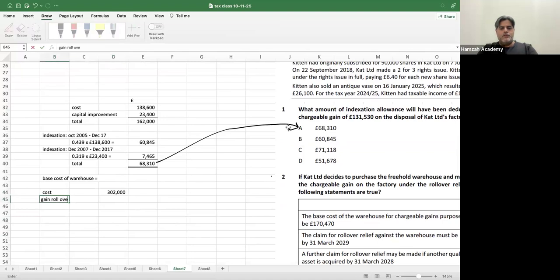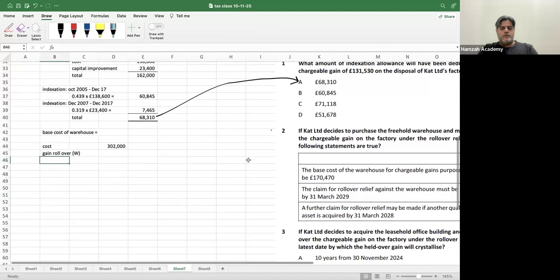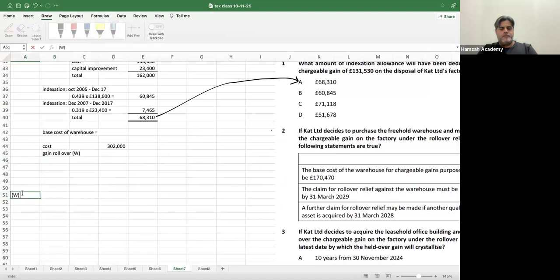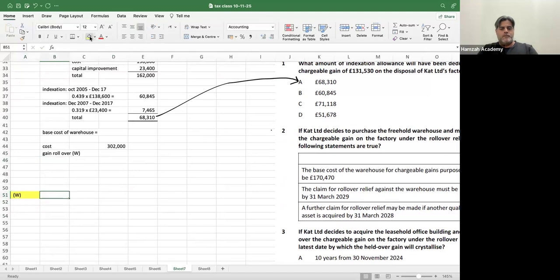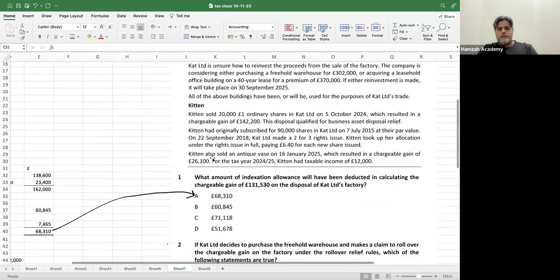The gain rollover is going to go into the workings. So the chargeable gain is 131,530.